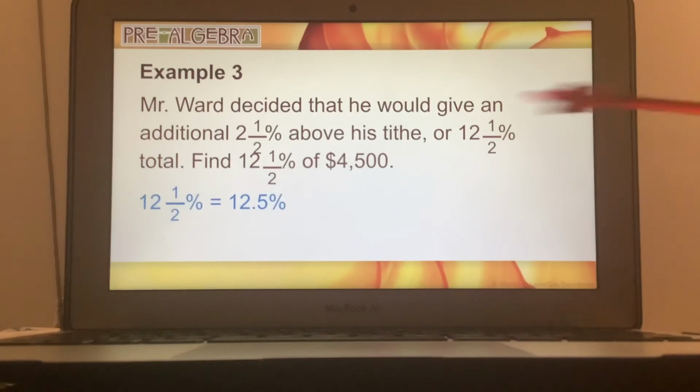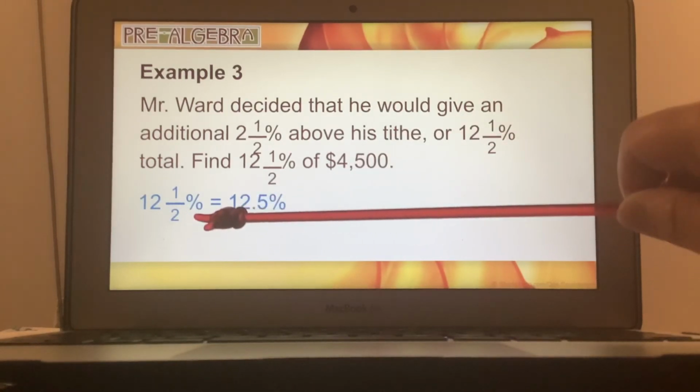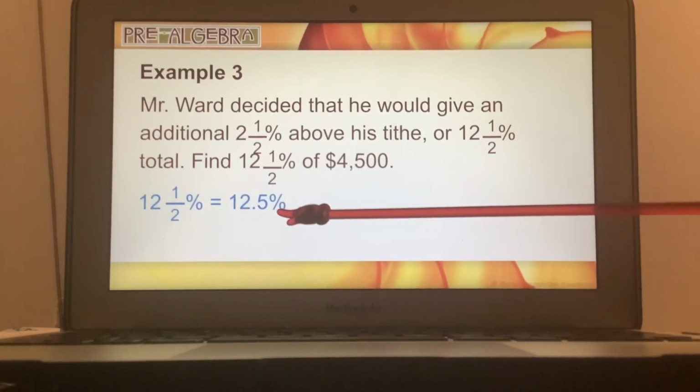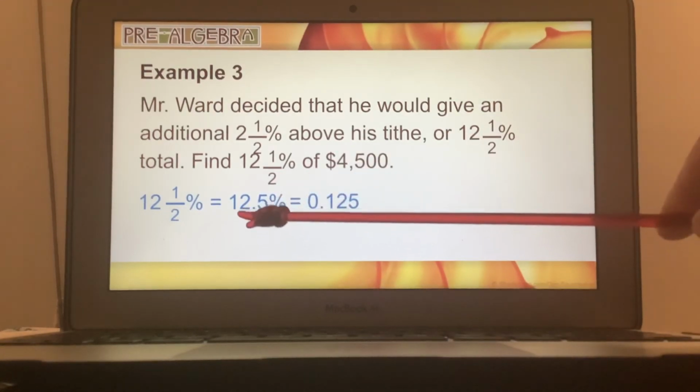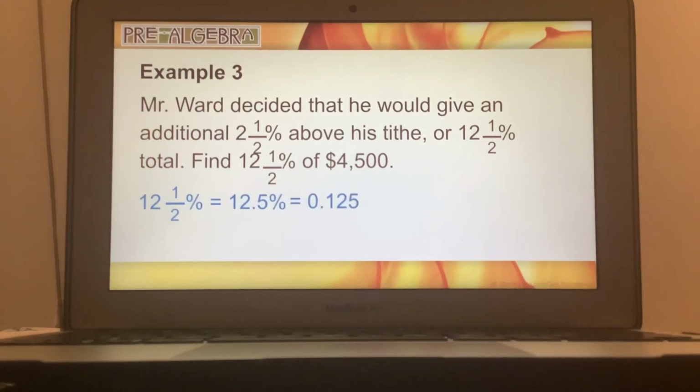So we first have to take the 12.5% and convert that to a decimal. Okay, 12.5%. And you move your decimal over 2 places, so that's going to be equal to 0.125.